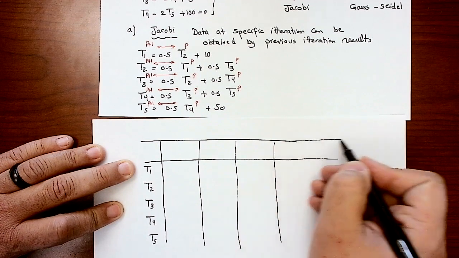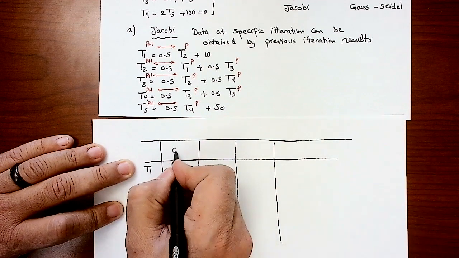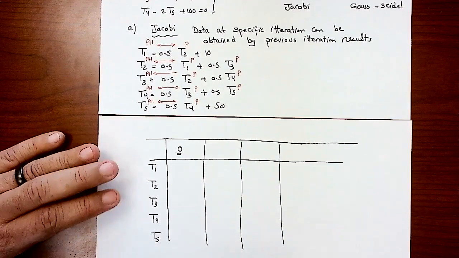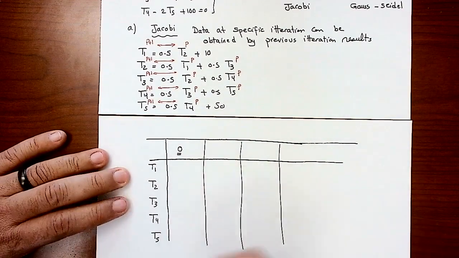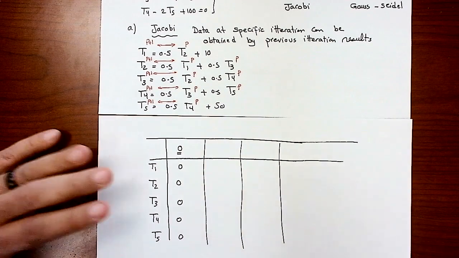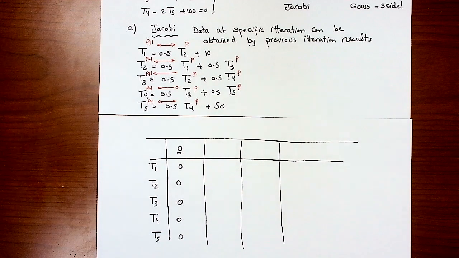So I will start with iteration 0. That's my first iteration, which I don't have data for, but I will assume the value of all the temperatures is 0, 0, 0, 0, 0. You can start with any assumption, but 0 will simplify everything.